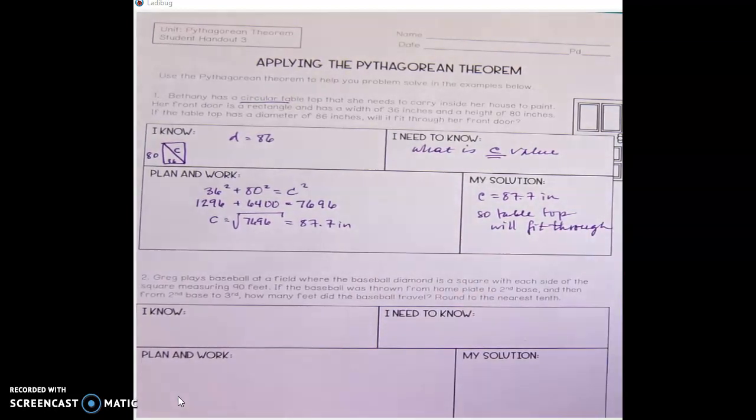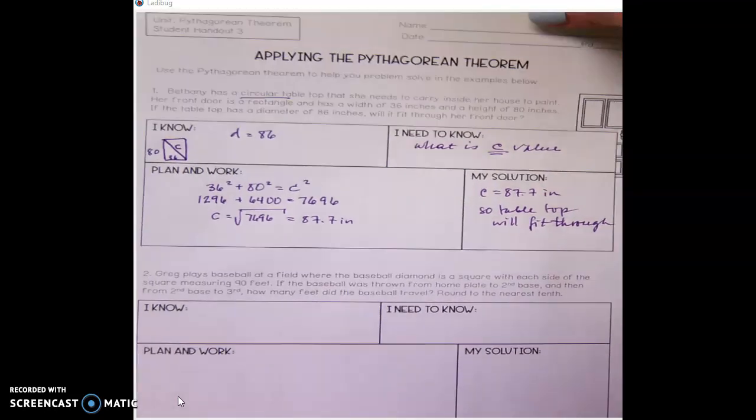As you can see, this is an absolutely real-life scenario. You're going to be moving to the dorm, or to your new house. How are you going to get your furniture in? That's very valuable information.